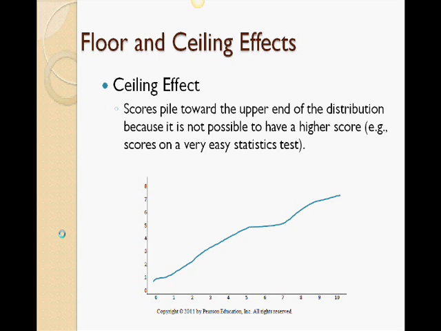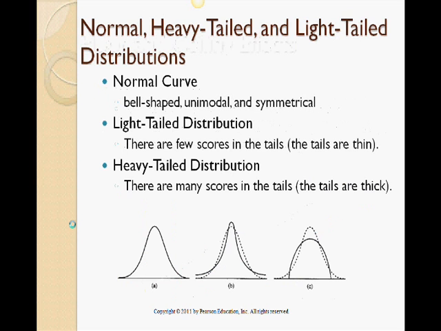And one last thing to talk about in terms of distribution is the shape of the distribution. We can have what's called a normal curve or bell shape, and we will see quite a bit of this in this class. You can see it's unimodal, symmetrical.